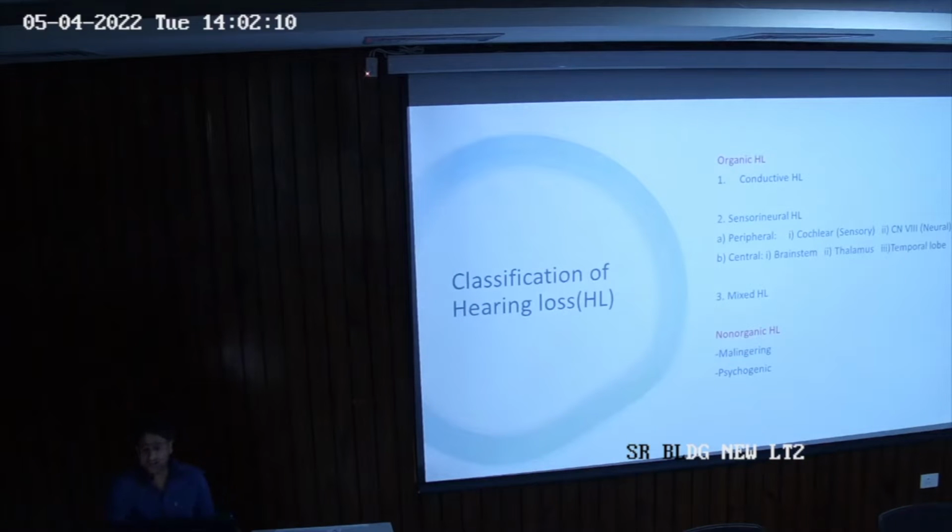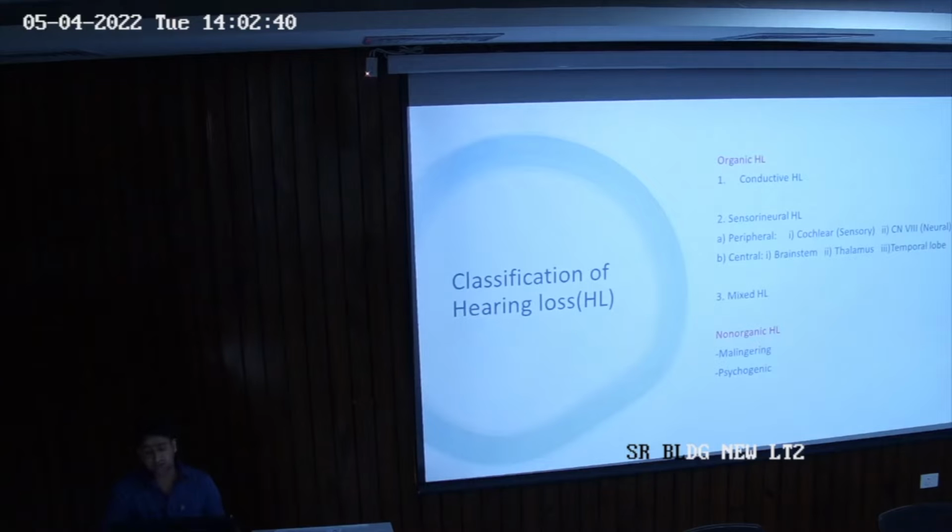If we classify hearing loss, there are basically two types: organic and non-organic hearing loss. We divide organic into three types: conductive, sensory neural and mixed. Sensory neural is further divided into peripheral and central. Peripheral is sensory and neural. Sensory means the cochlea, neural means the 8th vestibular nerve.